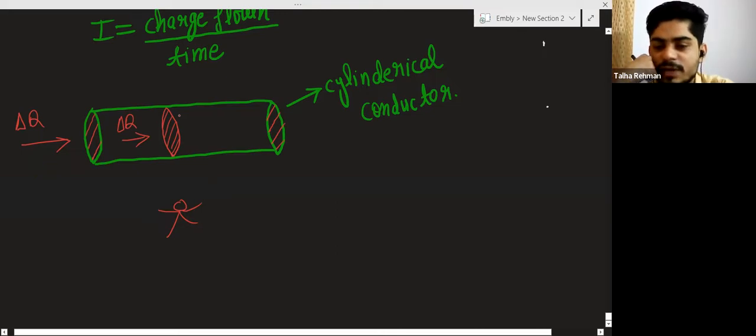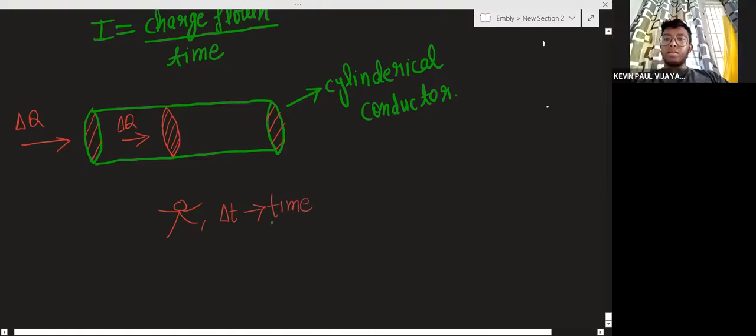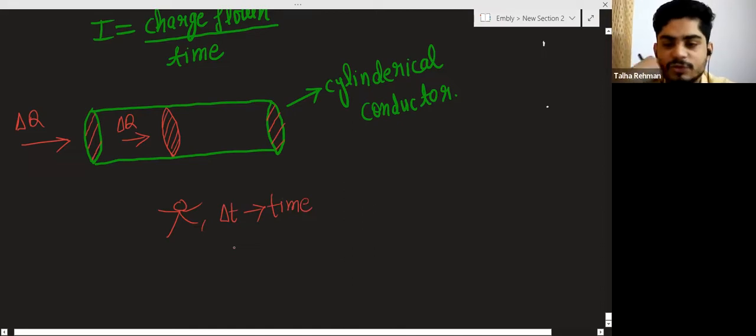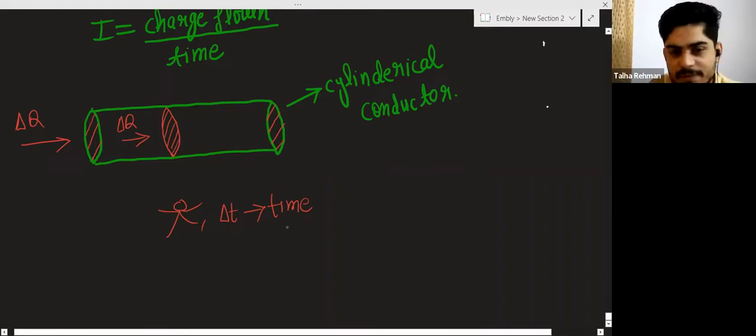This delta q is the amount of charge flowing, and suppose you are watching this cross section area for the time delta t. Delta t is the time. I am just giving you the understanding. I have written the definition, but you should know what the current is.